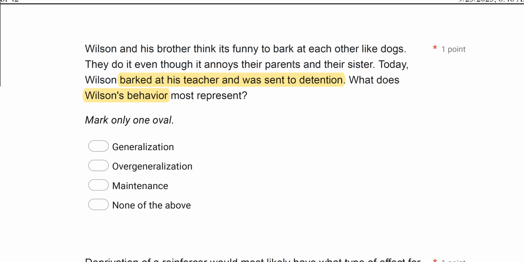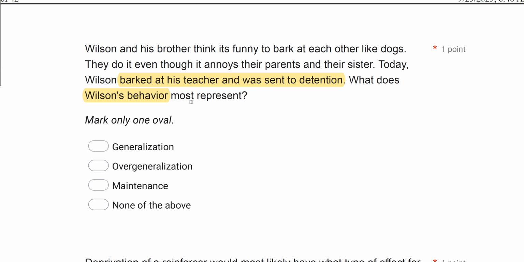He's now doing it at school to his teacher, which, given he got sent to detention, is not okay. It's the wrong time for the response. He's doing it too much at inappropriate times in inappropriate situations. So what do we call it when a response occurs too often or at inappropriate times? A, generalization. So Wilson has generalized the behavior.